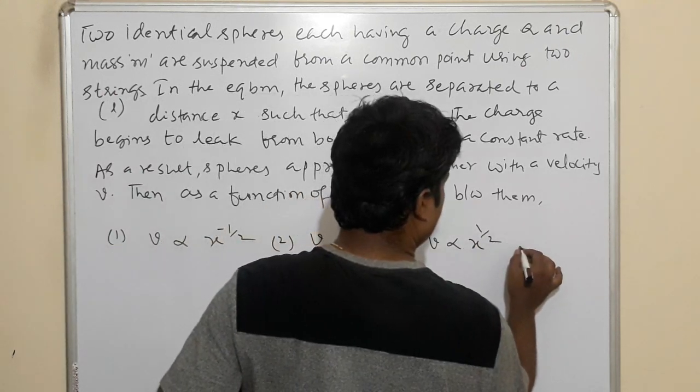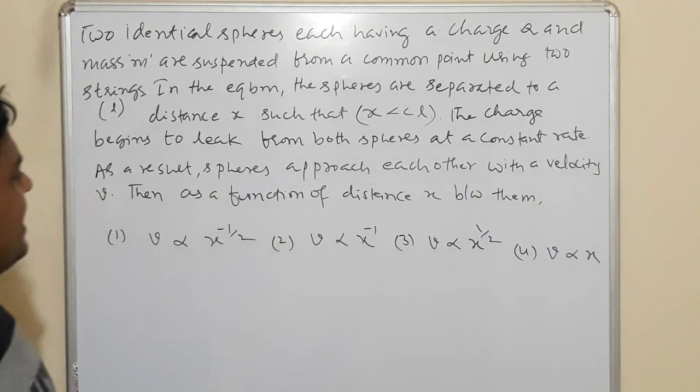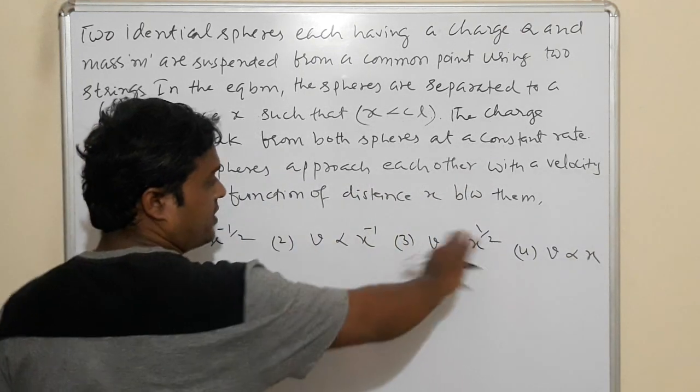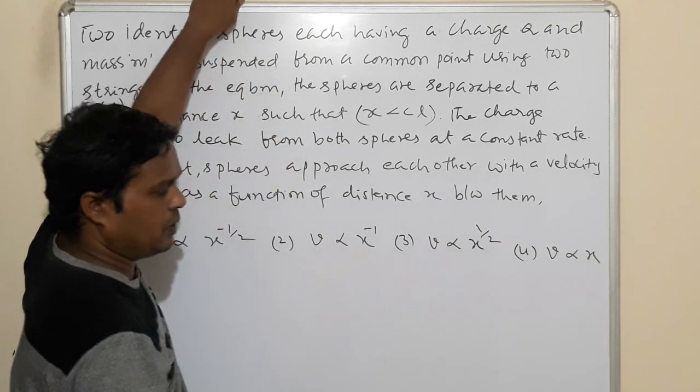Then the fourth option, v is directly proportional to x. We ask how the velocity depends on the distance between them.